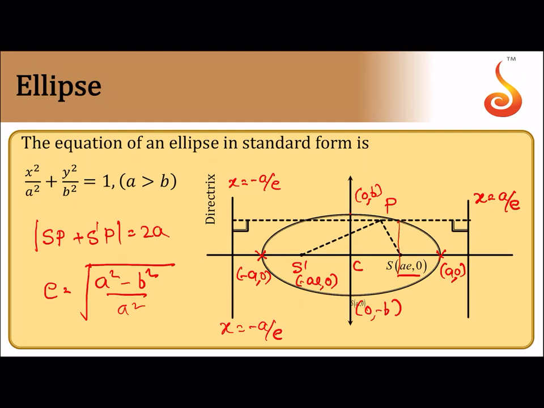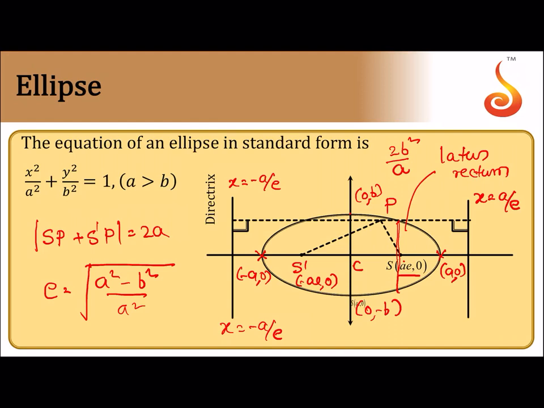Any line through the focus perpendicular to the axis is called the latus rectum, and its length is 2b square by a, small number squared by big number. This is the length of the latus rectum.